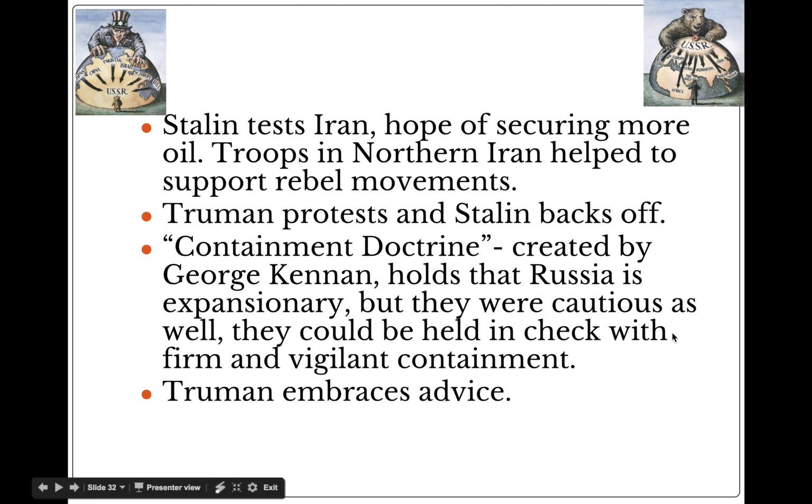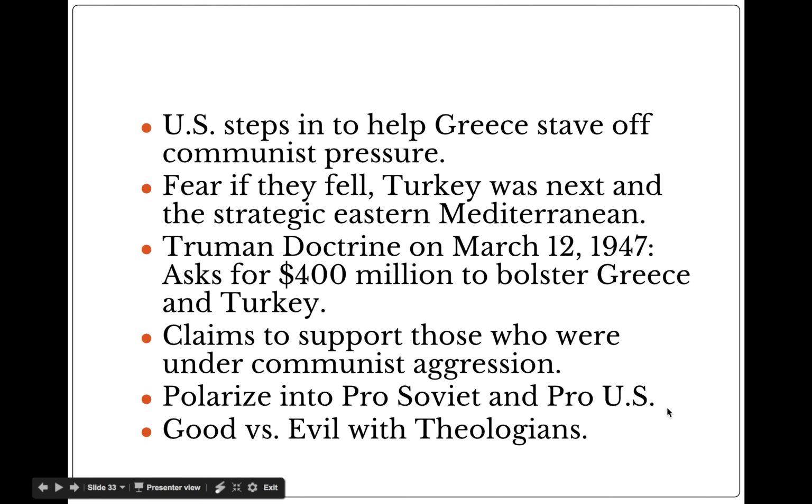So they want to keep communism in one specific area and not let it spread to other parts of the world. The U.S. steps up to help Greece stop communist pressure in the country. The U.S. was fearful that if Turkey fell to communism, then the rest of the Mediterranean would slowly fall to communism.